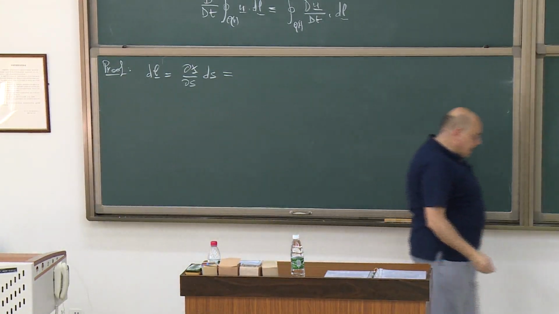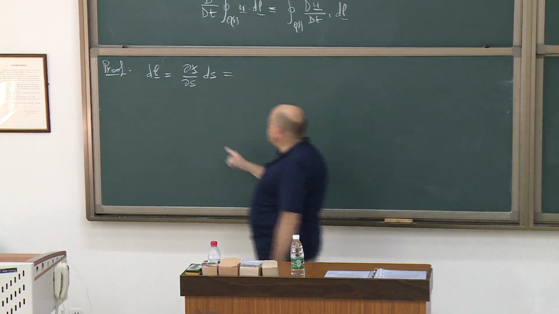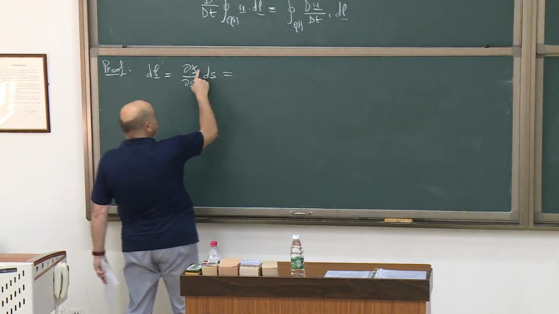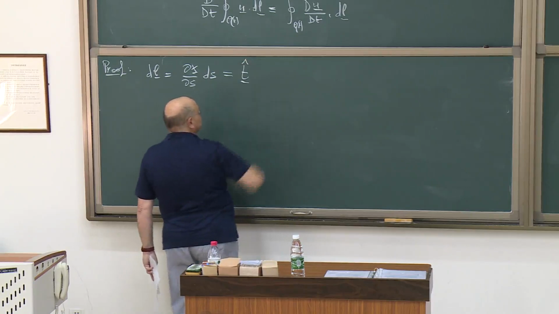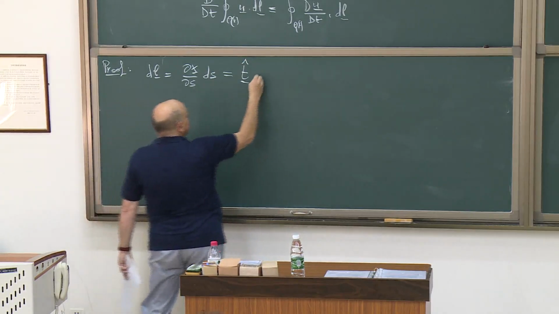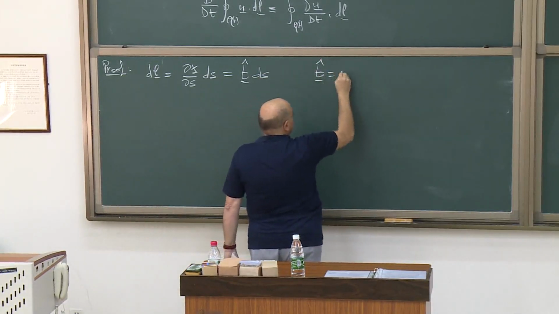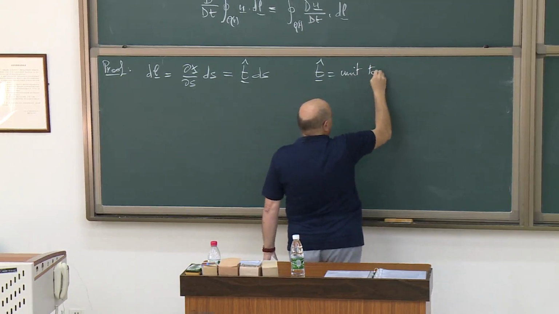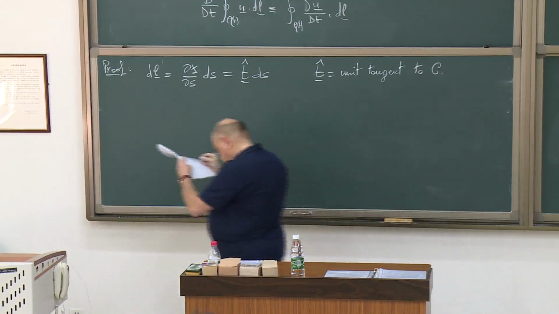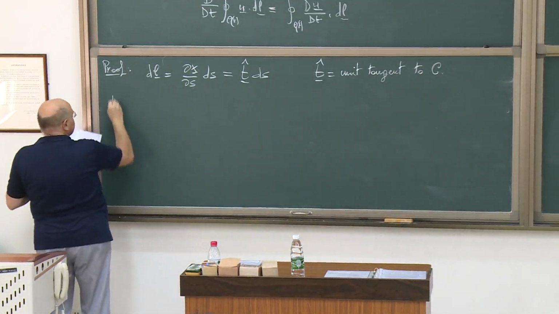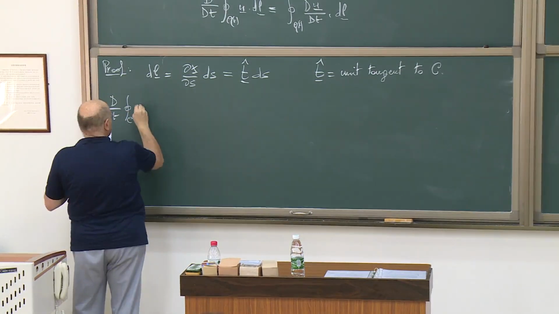Before I said it can be arc length, it can be a parameter on the curve, but if we take arc length exactly, then if x becomes a function of arc length, dx/ds is just the unit tangent to C, t. All right, so we have d/dt of the integral over C of u·dl.